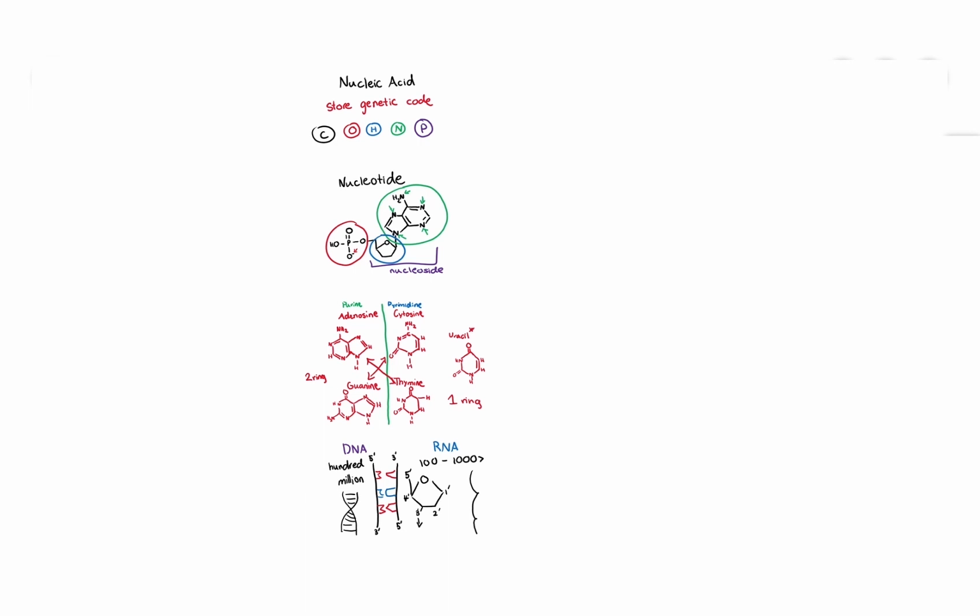These nitrogenous bases are adenosine, guanine, cytosine, thymine, and uracil, with the first 4 found in DNA and the first 4 excluding thymine and instead having uracil found in RNA. And they're split up into purines and pyrimidines based on the amount of rings that they have. In DNA, adenosine and thymine are hydrogen bonded together, and cytosine and guanine are hydrogen bonded together. And DNA can have 100 million nucleotides, while RNA ranges from 100 to 100,000 or more nucleotides.